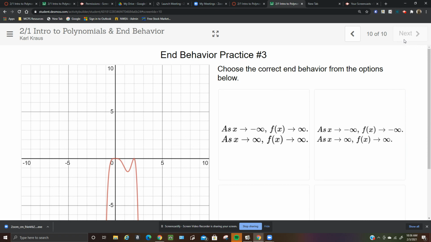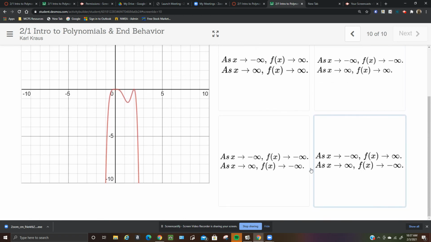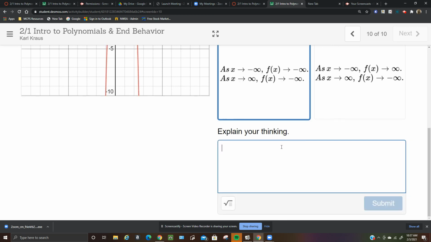And then practice 3, choose the correct end behavior from the options. So both ends are going down, so you want to find where both y values are going to negative infinity. Right here is the option that is correct.